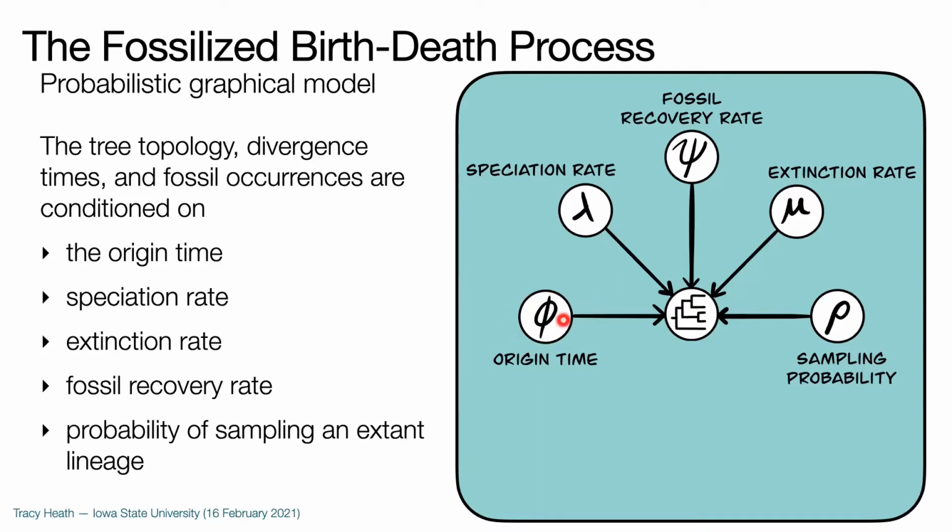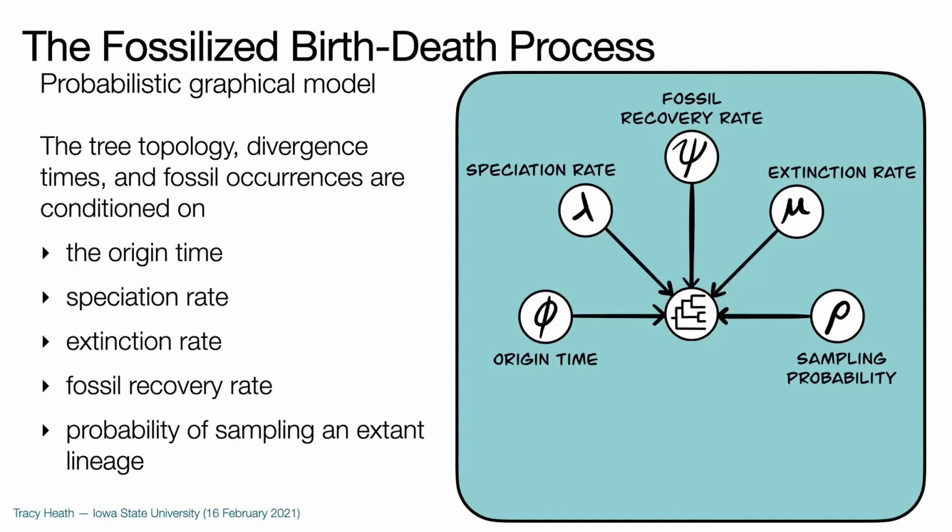The process is conditional on the origin time, so the very start time of the process. And then we have rate parameters that determine the rate at which lineages diverge, the speciation rate, the extinction rate for the rate at which they go extinct, and a rate of fossil recovery that accounts for the rate at which fossils are preserved in the fossil record and then recovered by paleontologists.